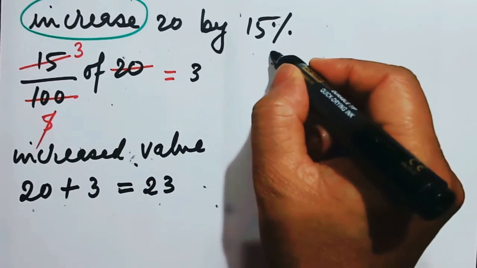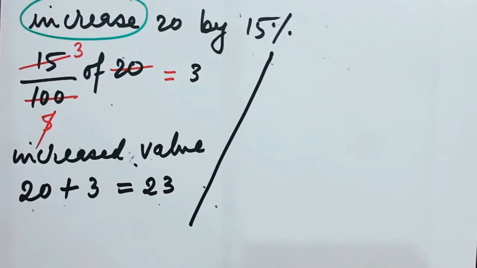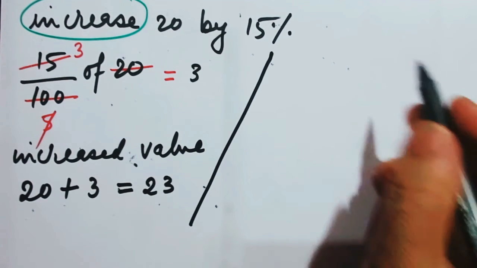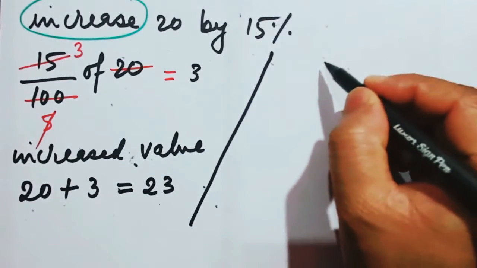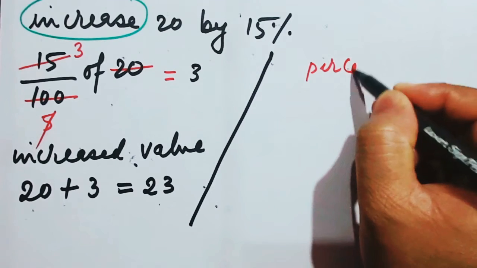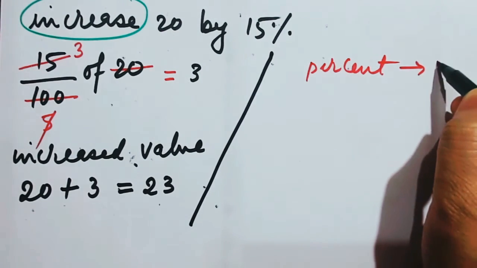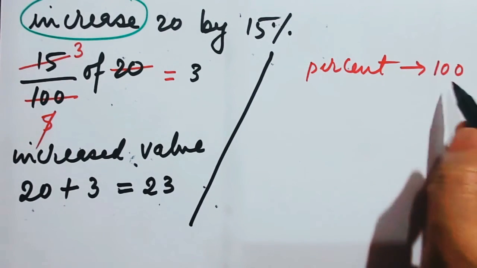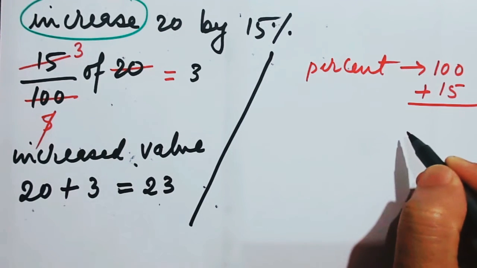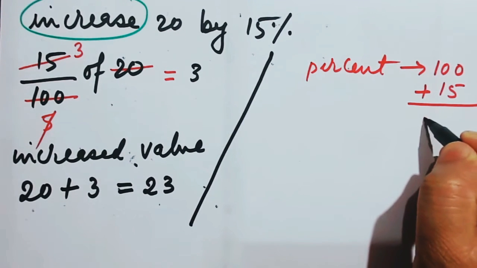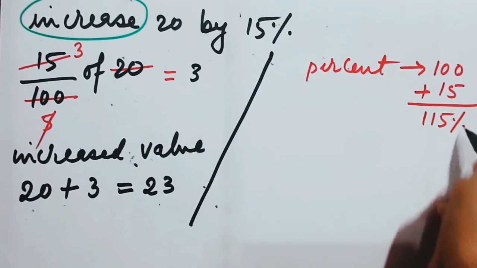Now let me do the same sum using the formula. How can it be done? Let us see. When you are increasing it by 15% and percent is already 100, you are increasing the value by 15 more. This means your total value will be 115%.